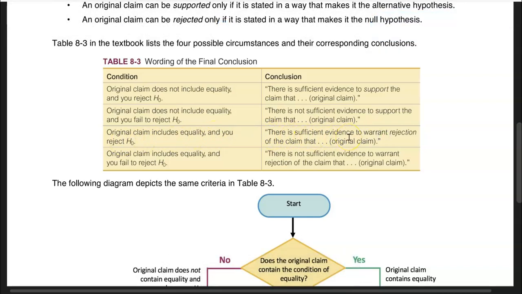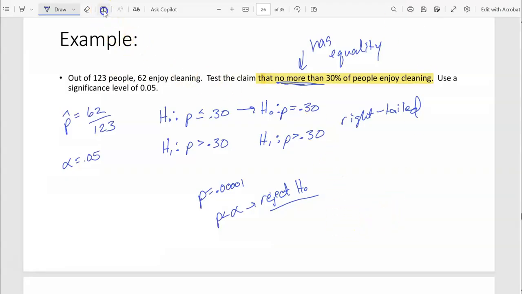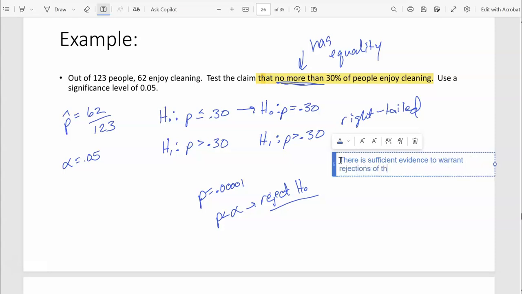There is sufficient evidence to warrant rejection of the claim that no more than 30% of people enjoy cleaning. So there's how we test a claim about a proportion.